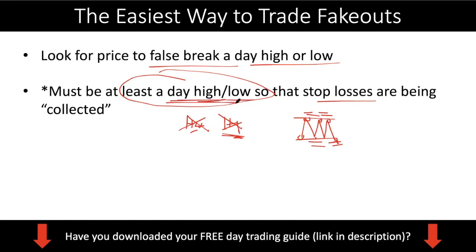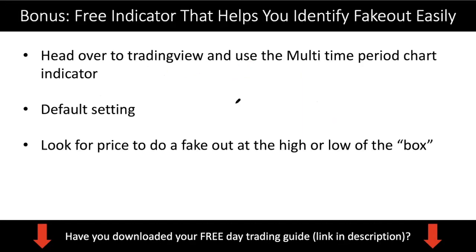Again, I'll go into the charts later and show you how to do it step by step. But before I do that, I want to talk about the bonus. I want to show you how to use this free indicator. These are the steps. After this I'll head over to the charts to show you how to do it. I'm going to use TradingView. It's a free, web-based charting platform.